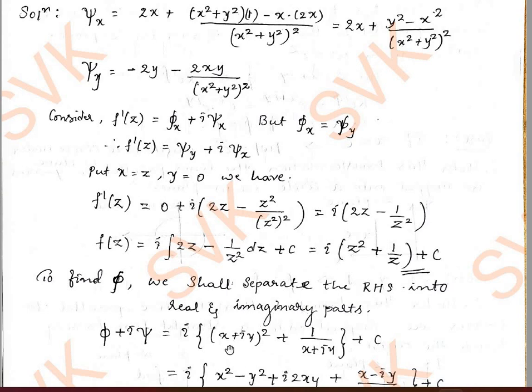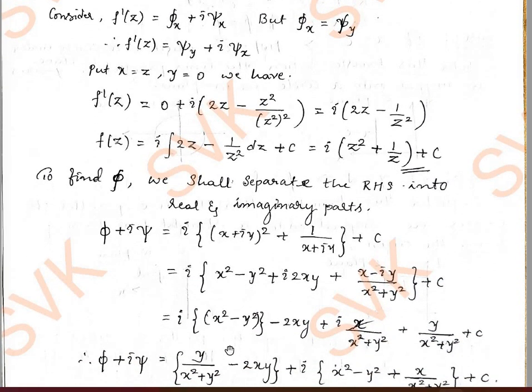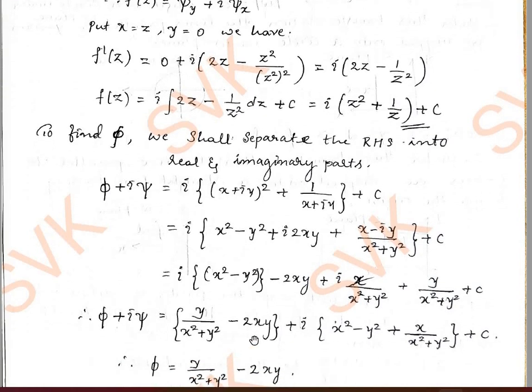So after substitution, x plus iy whole square plus 1 over x plus iy, I got this expression. Then simplifying further and separating, this is the real part and this is the imaginary part. So this is nothing but phi. Hence we have found the electric potential called phi.